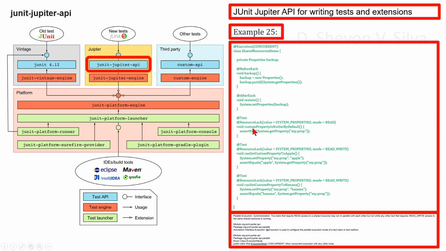When access to shared resources is declared using the @ResourceLock annotation, the JUnit Jupiter engine uses this information to ensure that no conflicting tests are run in parallel.